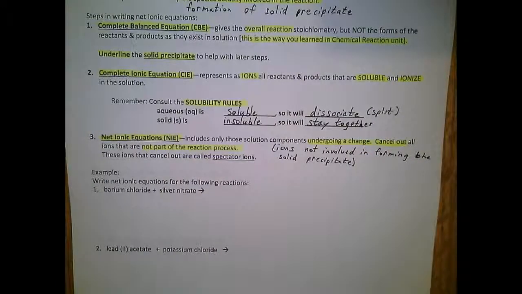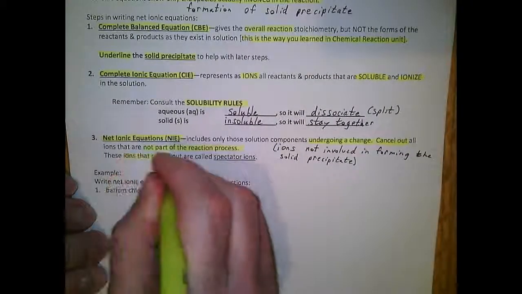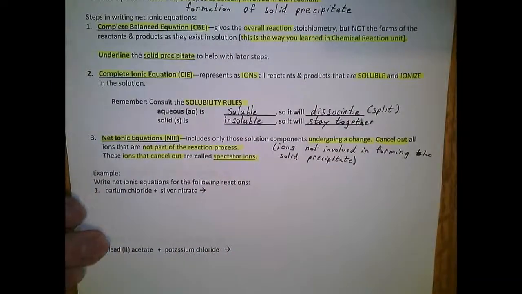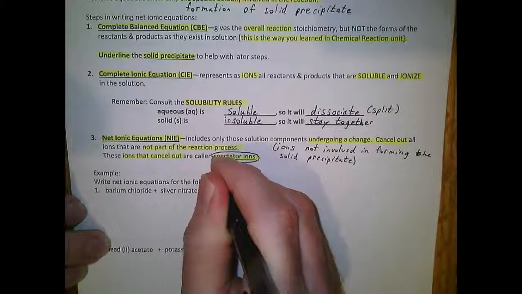Ions that are not involved in forming the solid precipitate. Okay. The ions that cancel out are called spectator ions. That is a vocab term that I want you to be familiar with. The spectator ions are the ones that we're going to cross out.